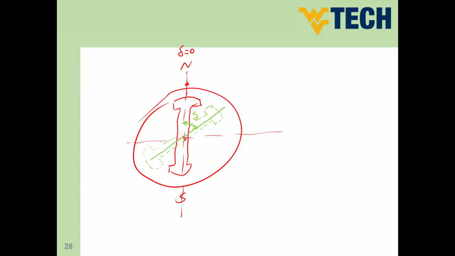So the flux is going to be stretched from this axis to move through the core and return back again to the same axis. So the displacement angle between the rotor axis and the flux axis is the power angle delta.